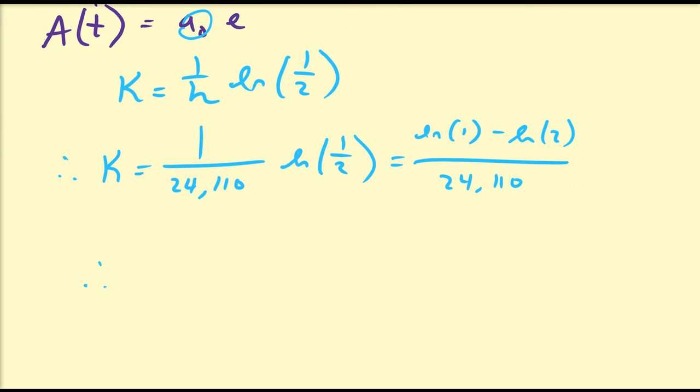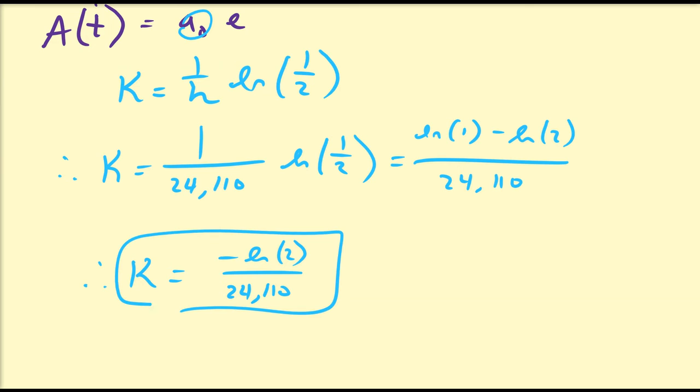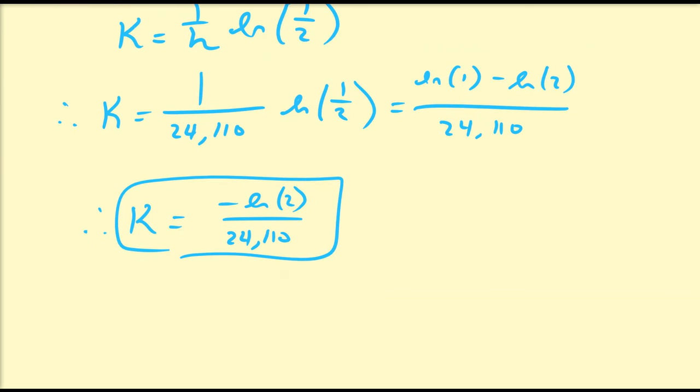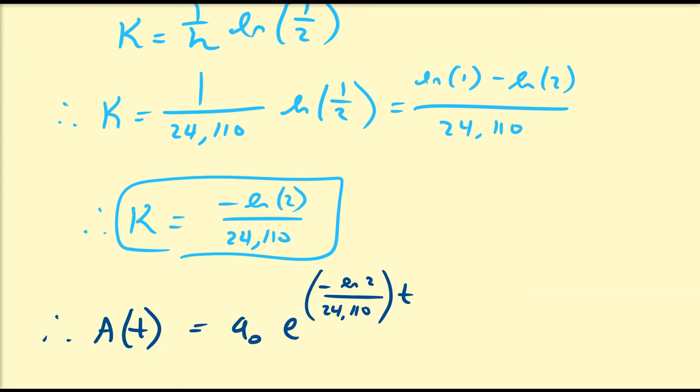So our rate parameter for plutonium-239 is going to be equal to the negative natural log of 2 all over 24,110. Therefore, our model is going to be equal to the amount we start with times e to the negative natural log of 2 all over 24,110 times t.